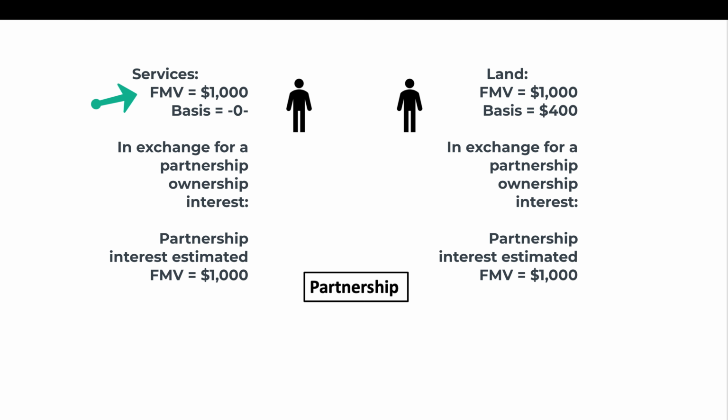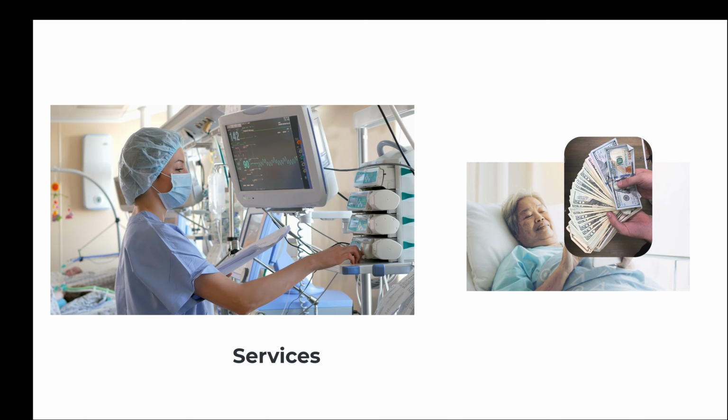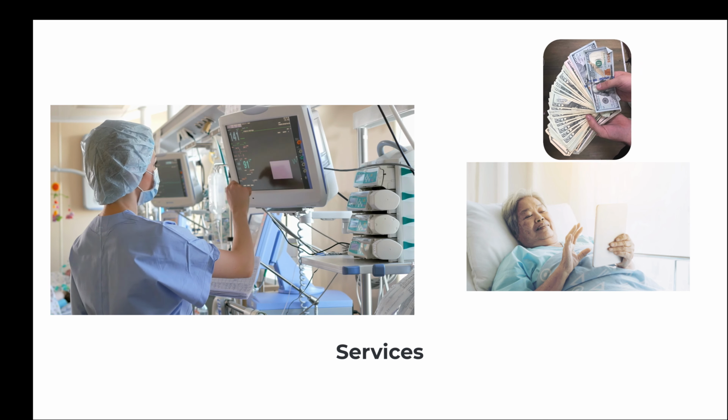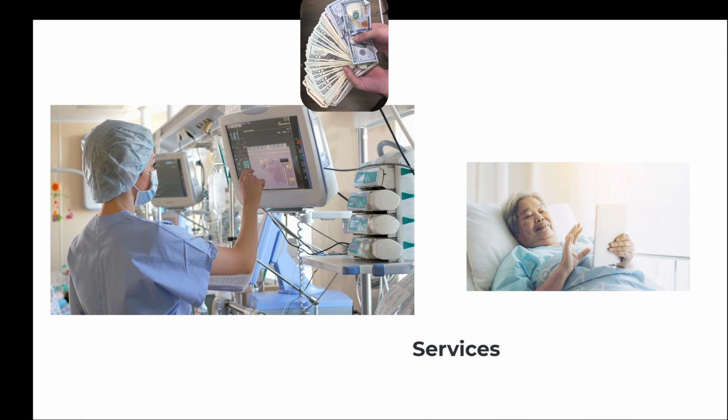In our example, Partner 1 agrees to contribute $1,000 of services to the partnership in exchange for a 50% interest. Partner 2 agrees to provide land worth $1,000 to the partnership in return for a 50% interest. Normally, Partner 1 receives cash in exchange for providing medical services.